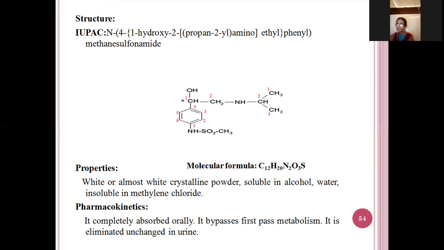Properties: it is a white or almost white crystalline powder, soluble in water and insoluble in methylene chloride. Pharmacokinetics: it is given by the oral route of administration. It undergoes first pass metabolism in the liver, and it is eliminated in the urine in unchanged form.